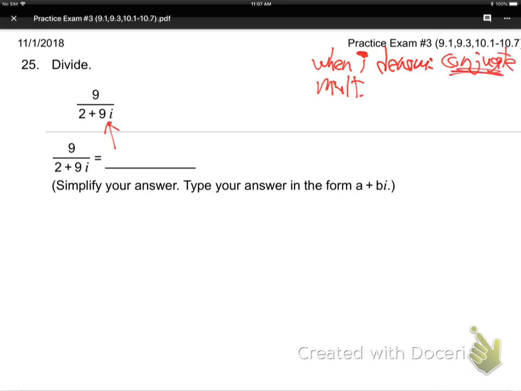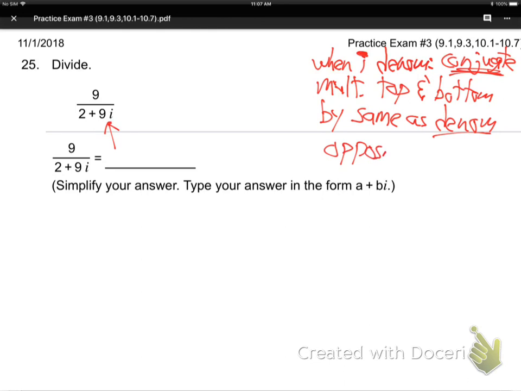It's called multiply top and bottom by same as denominator, opposite sign in the middle. That's called the conjugate. I kind of muffed that up over there.